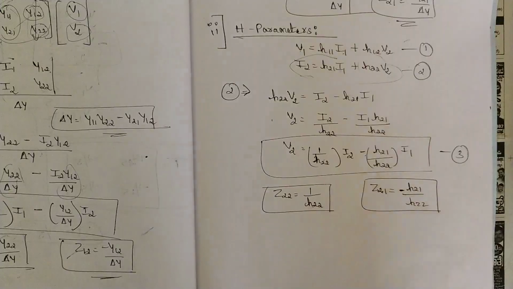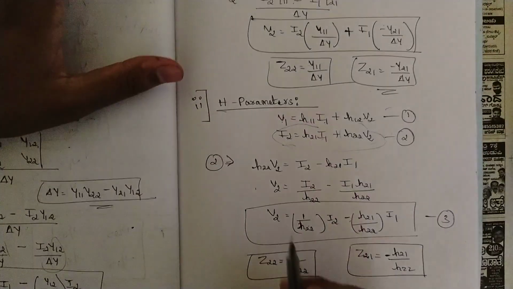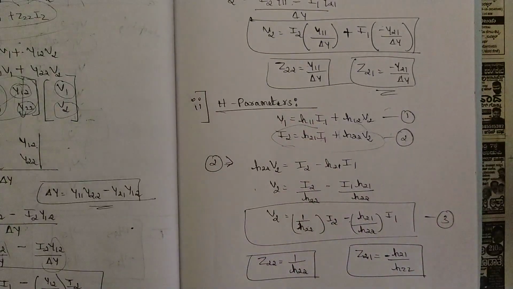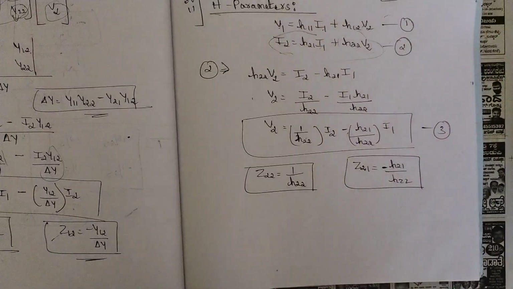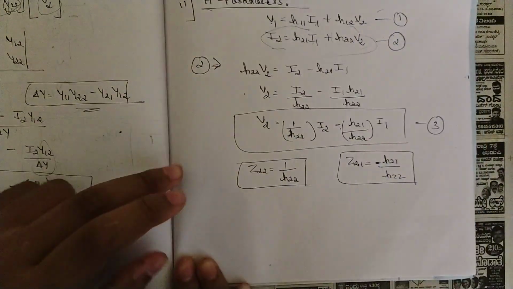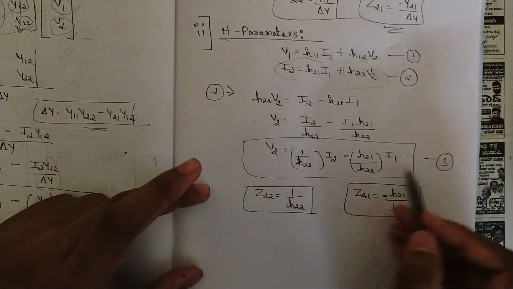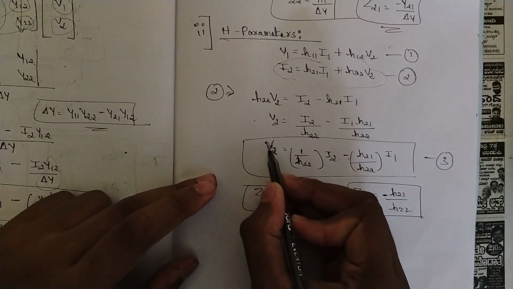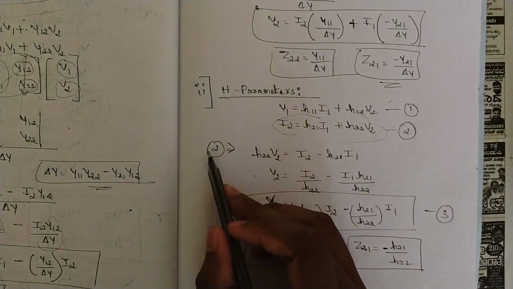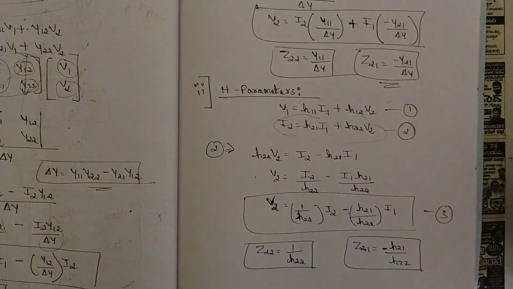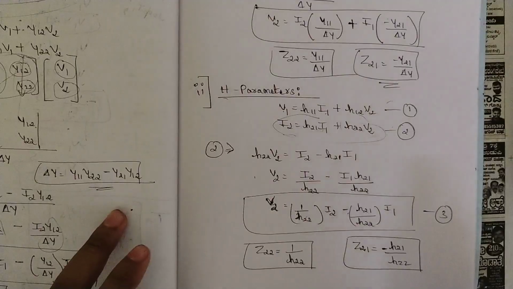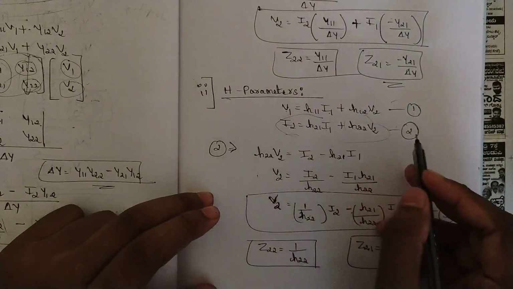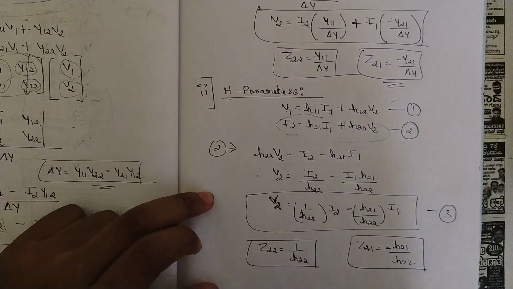Now how to solve that is very easy, nothing much to do. So we have got this equation, right? Here we have written this as equation 3. Here we have considered equation 2 and solved this for V2, and got the answer V2.